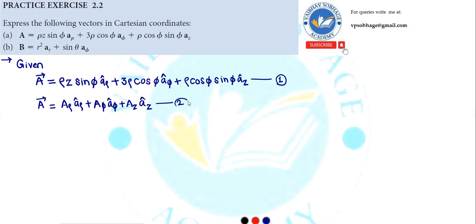This is the generalized form of any vector expressed in cylindrical form.